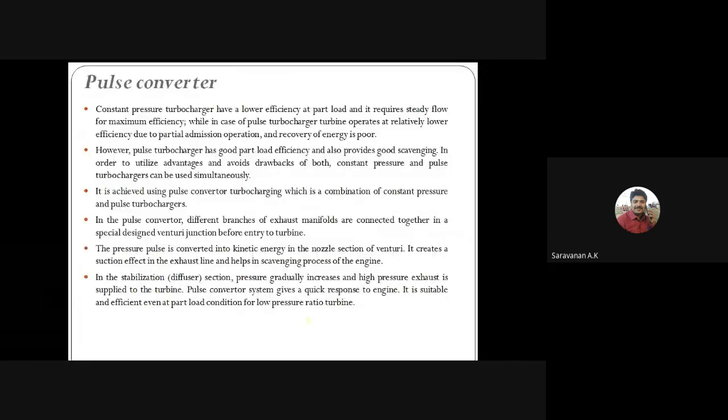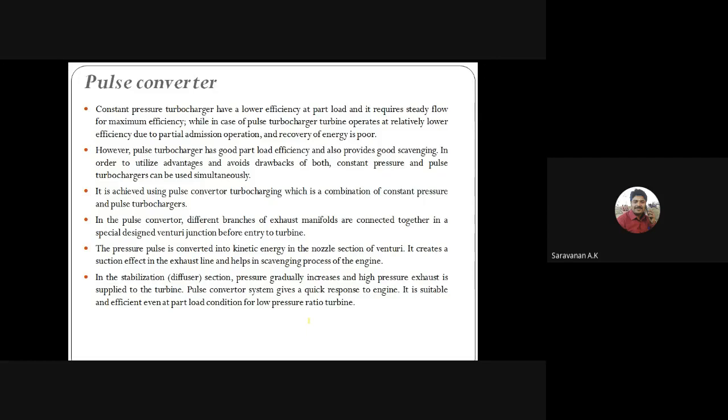And we have the pulse converter also, right? The constant pressure turbocharger will have a lower efficiency at part load, and it requires steady flow for the maximum efficiency, while in the case of the pulse turbocharger, the turbine operates at a relatively lower efficiency due to the partial admission operation, and the recovery of the energy is very poor.